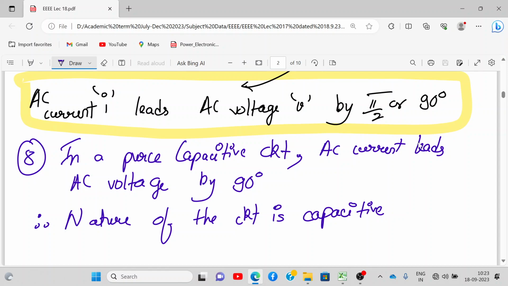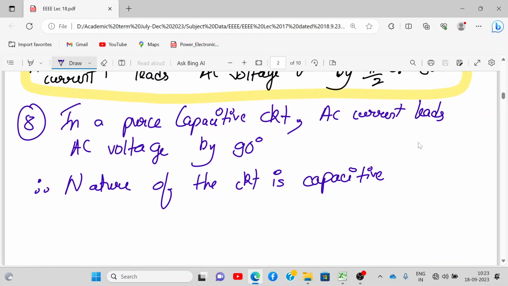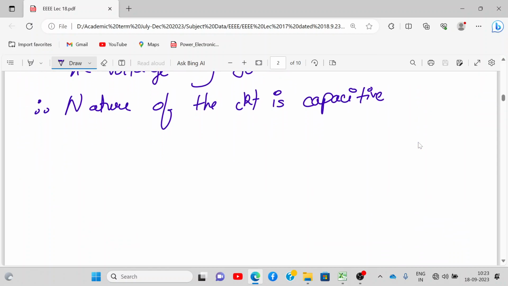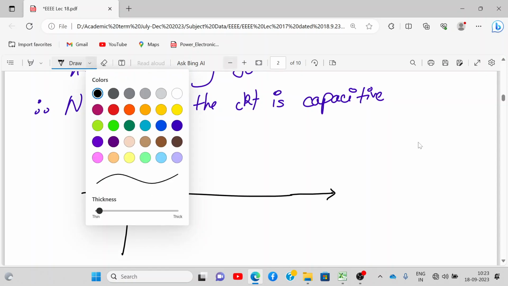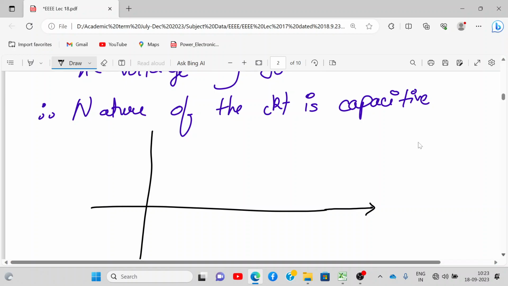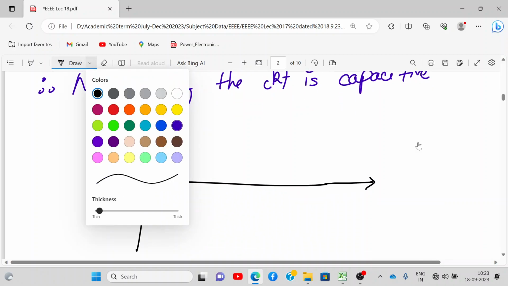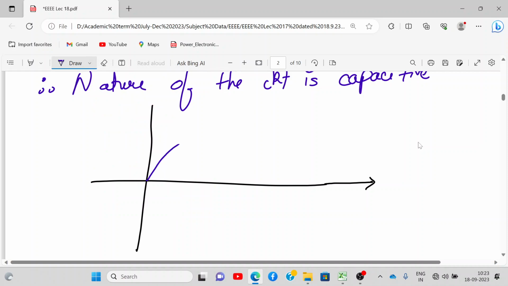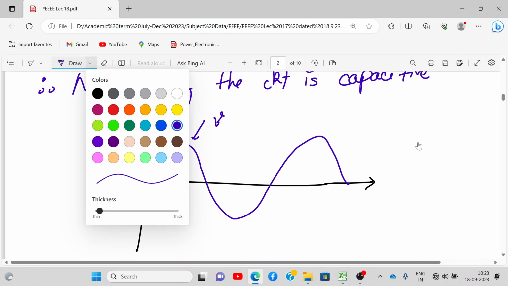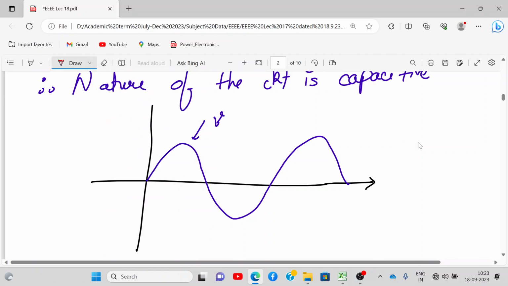And now you need to draw the timing diagrams, that is V versus time and I versus time. So how will you draw it? First, let me draw the sinusoidal waveforms. So these are my AC waveforms, AC voltage waveform. Okay, this is V. How will I draw I? It's before, right?